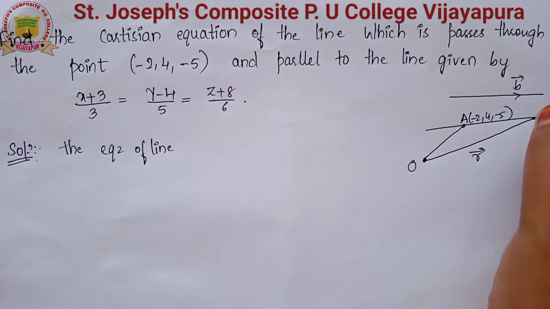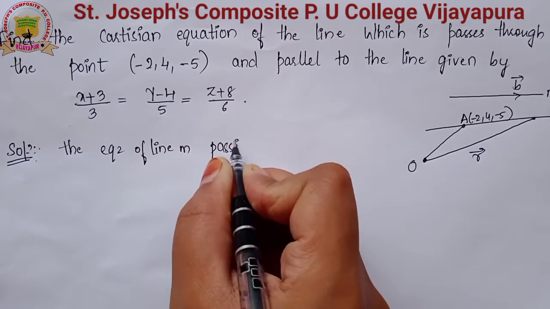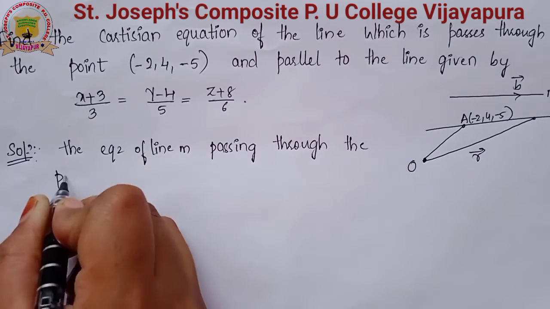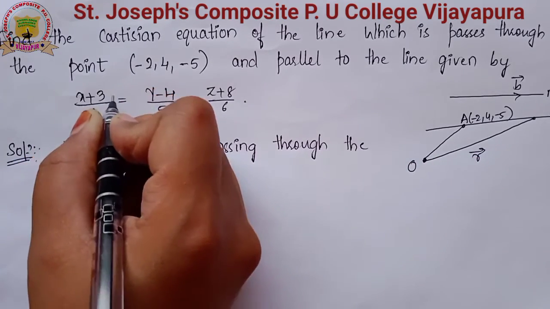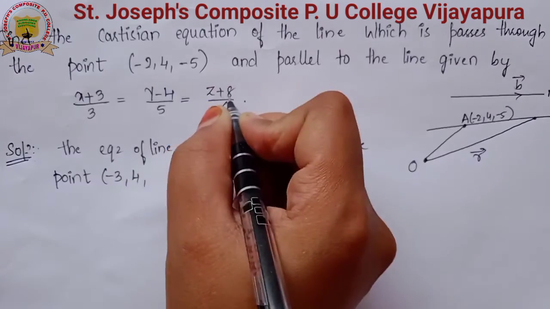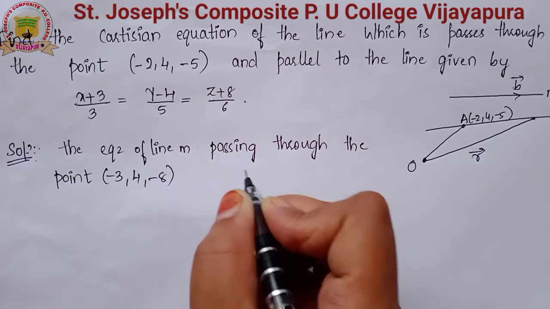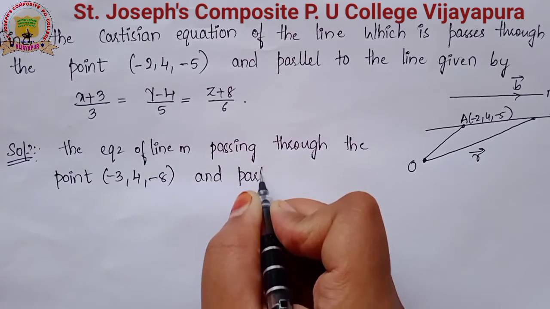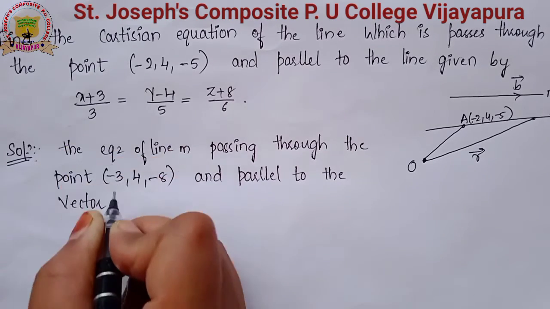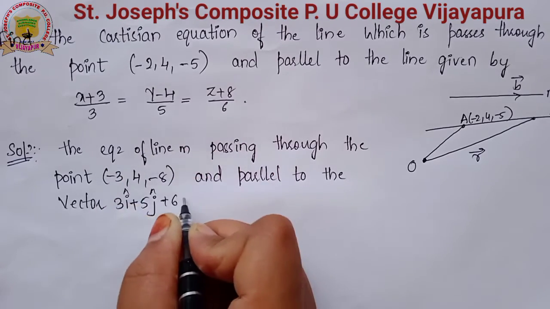I will take this one as line M, passing through the point: x minus of minus 3, so minus 3, y minus 4 means 4, z minus of minus 8 is plus 8, so the point is minus 3, 4, minus 8, and parallel to the vector 3i plus 5j plus 6k.